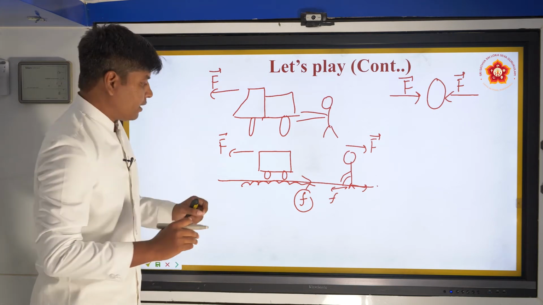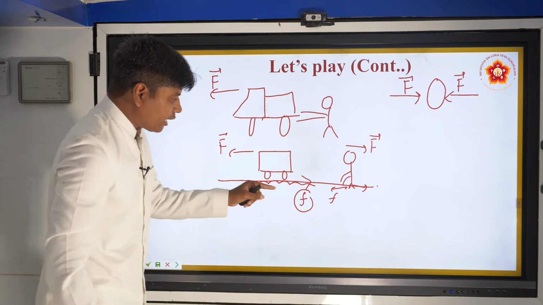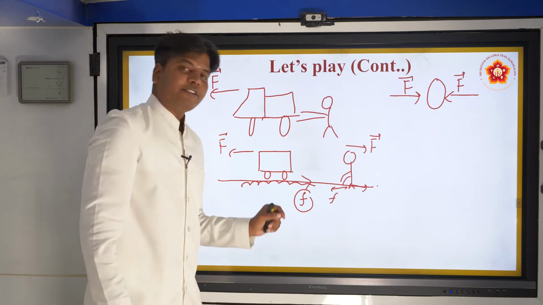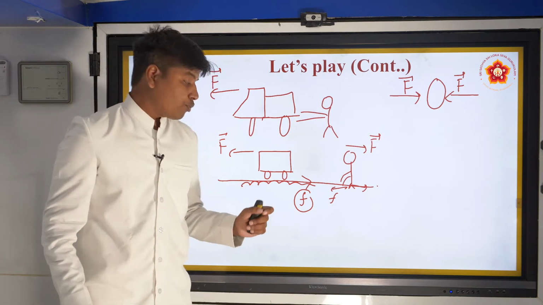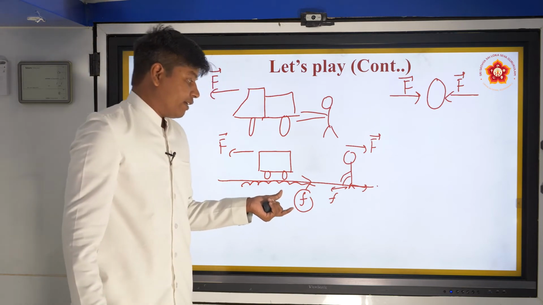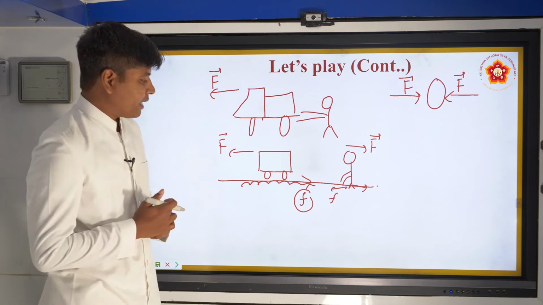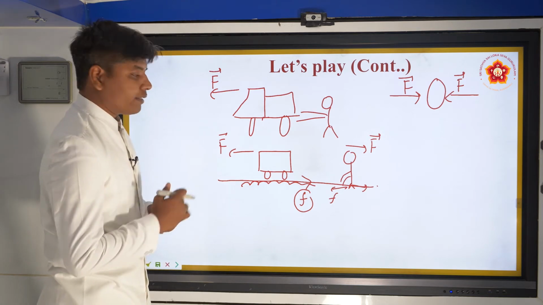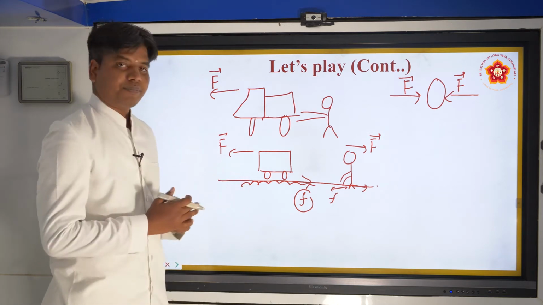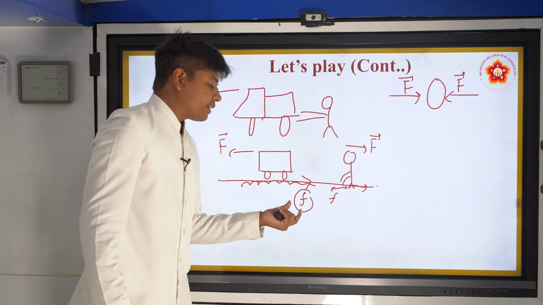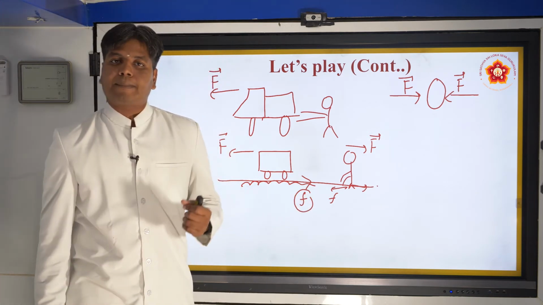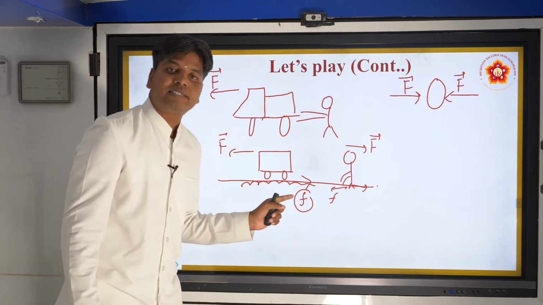Did you understand? Now you also want to learn that the frictional force is a self-adjusting force. For example, there is a limit for the friction, say a 5 Newton limit, and it is a self-adjusting force.